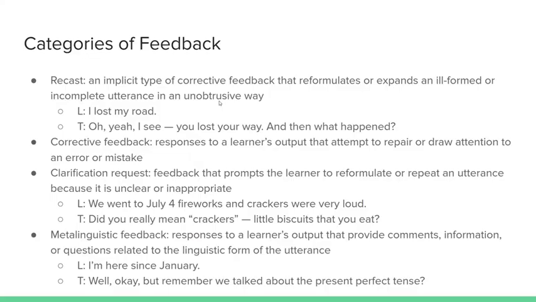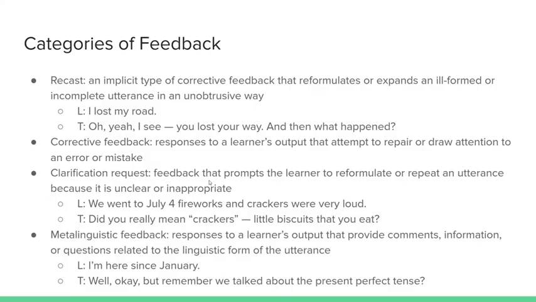That is the reason why it's called unobtrusive. It does not come in between and draw the student's attention to that particular error. Corrective feedback usually refers to the responses to a learner's output that attempt to repair or draw attention to an error or a mistake. So corrective feedback refers to the correction, right? How you're trying to provide correction of an error or a mistake.